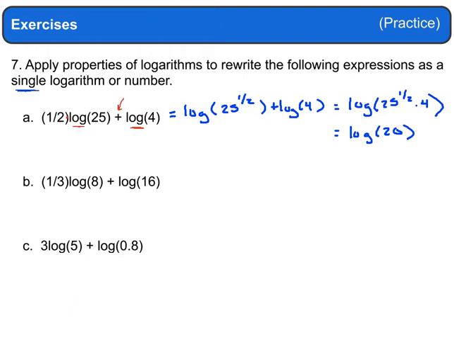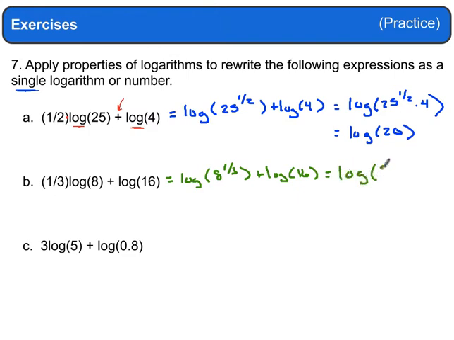So same idea if we look at letter B. We can take this 1/3 and move it back in with the 8. So I have log with an 8 to the 1/3 power plus log 16. The plus sign says I can change it to product.